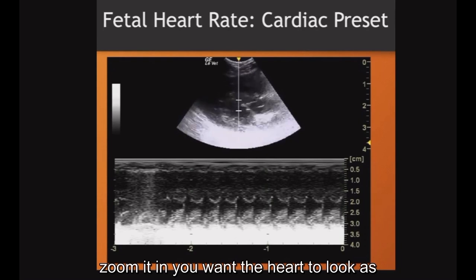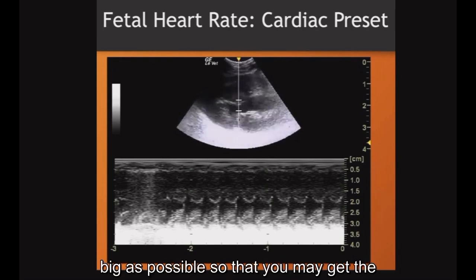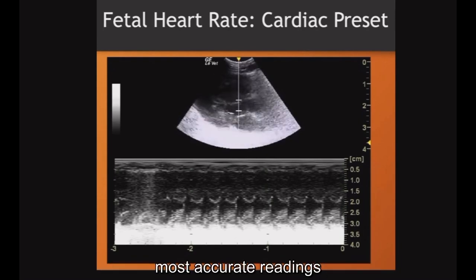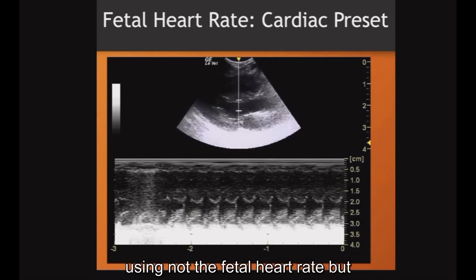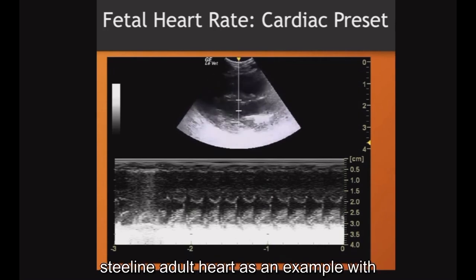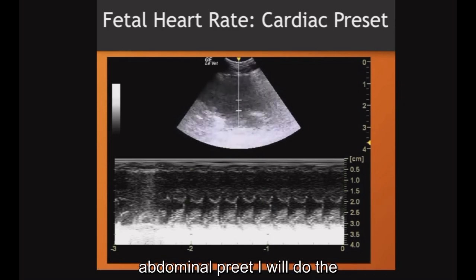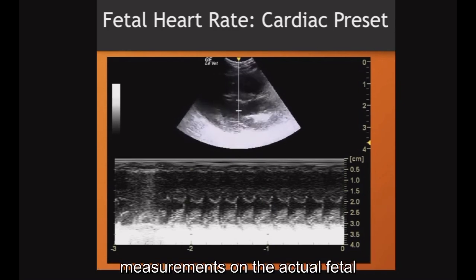You want the heart to look as big as possible so that you may get the most accurate readings. In this particular video, I'm actually using not the fetal heart, but a feline adult heart as an example. With abdominal preset, I will do the measurements on the actual fetal hearts.